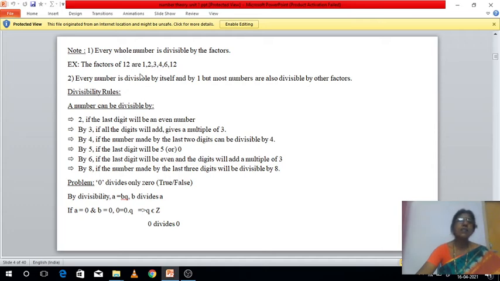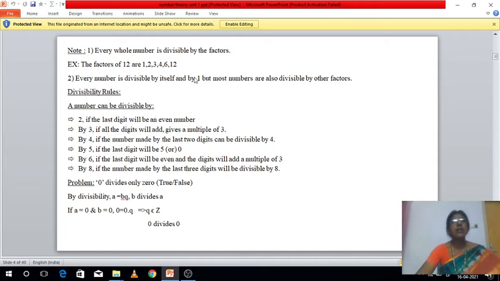If we divide 12 by 2, you get remainder 0. Similarly, 12 is divisible by 3, by 4, and by 6. That means any number is divisible by its factors.